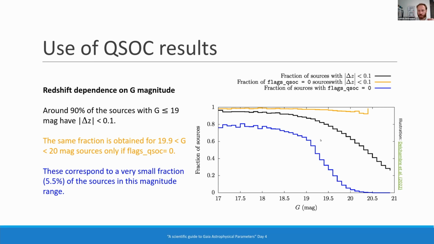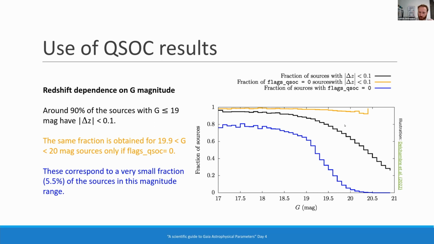Now, if we are considering faint sources, so between 19.9 and 20, we see that this fraction is much lower and is only obtained if considering sources that do not raise a warning flag. So this is the orange curve.